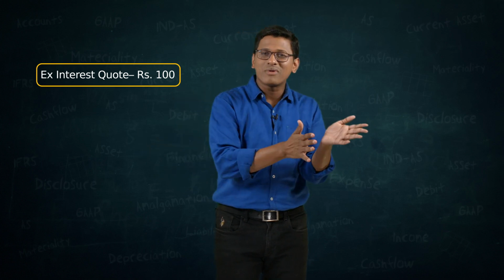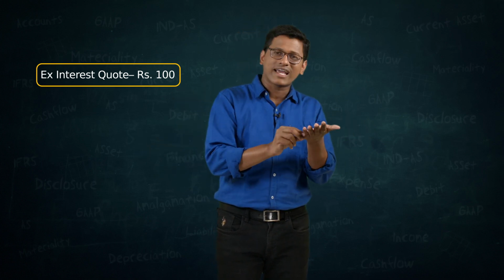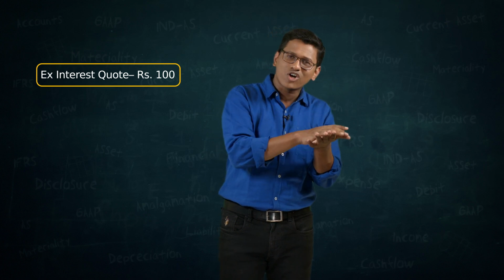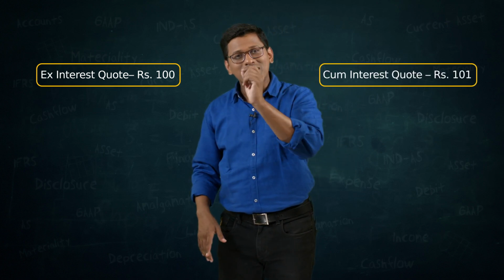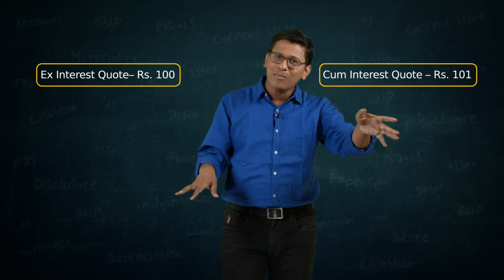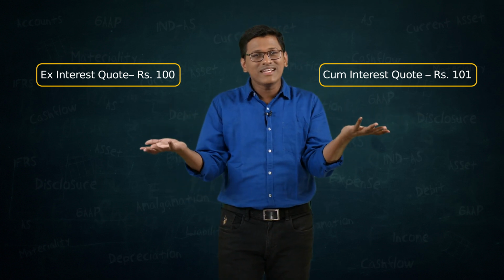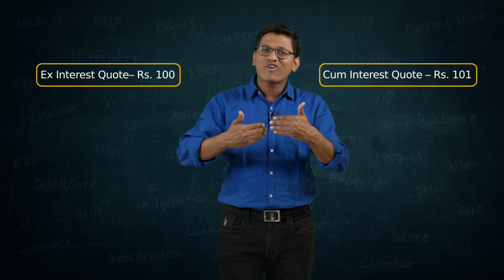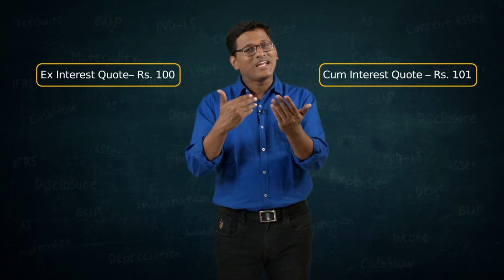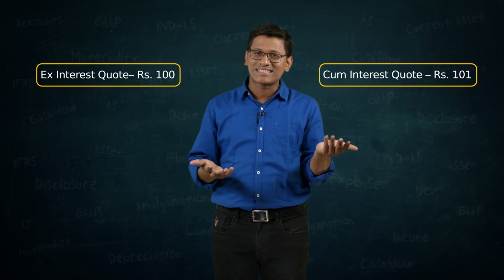Or your friend may quote, wait, I'll do the calculation, I will add 1 rupee interest, 101 cum interest, right? So 100 ex interest and 101 cum interest are comparable in this situation. So it is just a form of expression. How is that person expressing the quotation? So it could be cum interest or ex interest.